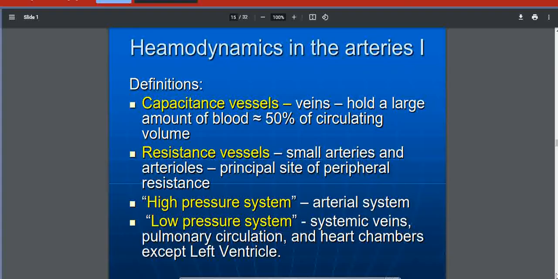Now, the high pressure system is the arterial system. Then the low pressure system comprises the systemic veins, pulmonary circulation, and heart chambers. The arteries are high pressure because the blood flowing in them is directly linked to the heart, so the pumping force and pressure are directly distributed.